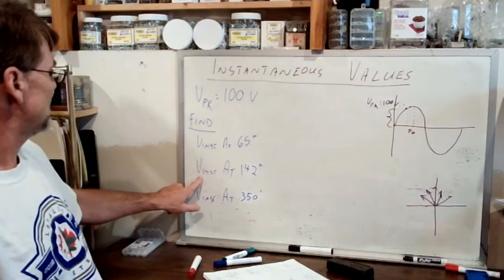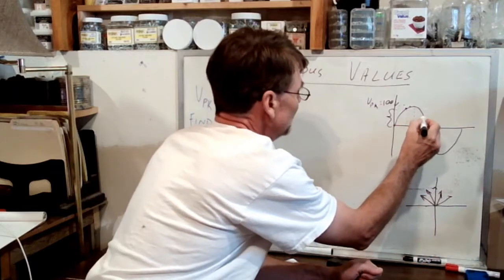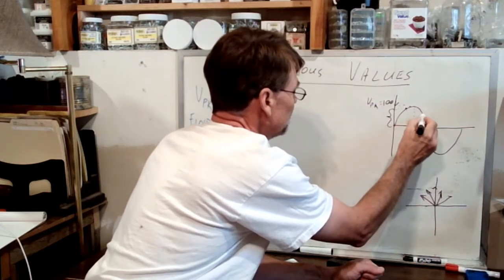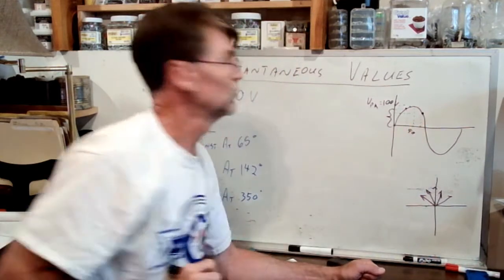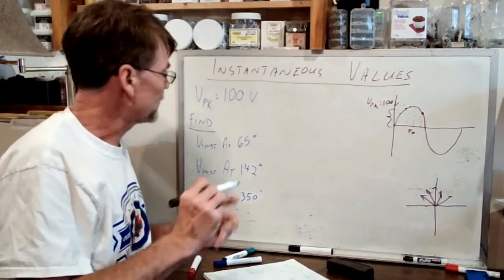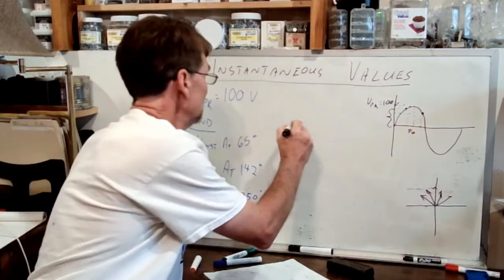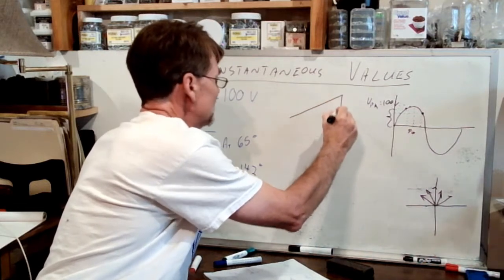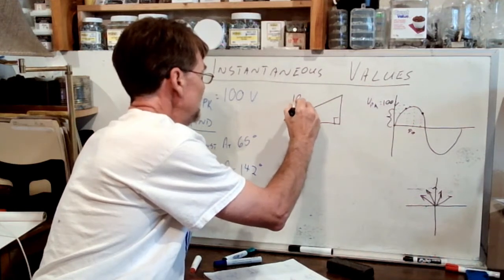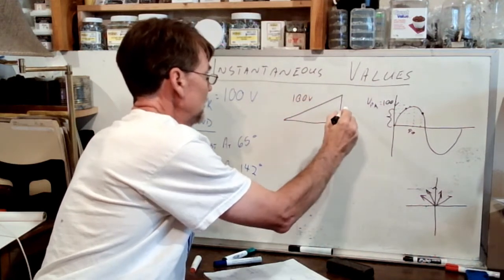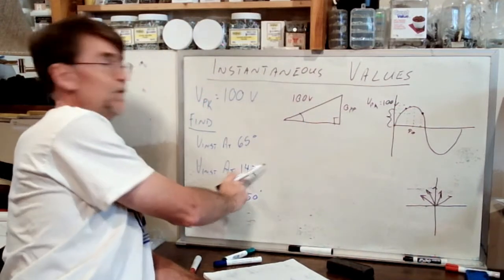The question now is, what is the instantaneous voltage at 142 degrees? Where's 142 degrees? It's somewhere over here. There's the instantaneous voltage we're trying to calculate right there. For starters, you can just let the math do the work. Draw a right angle triangle, because we know that's the solution. There's our right angle. Our hypotenuse is our V peak, 100 volts. We're looking for the value of the opposite, and the angle is 142 degrees.